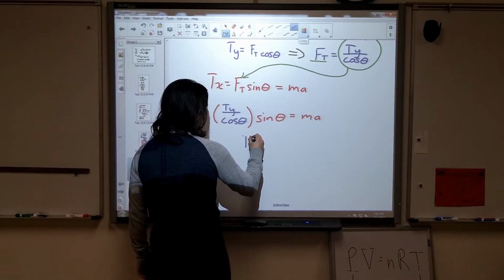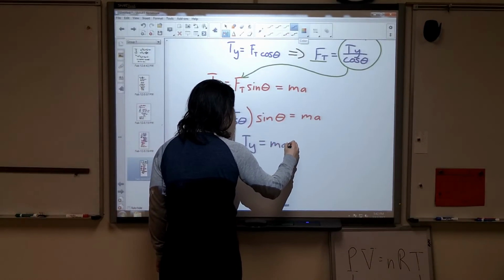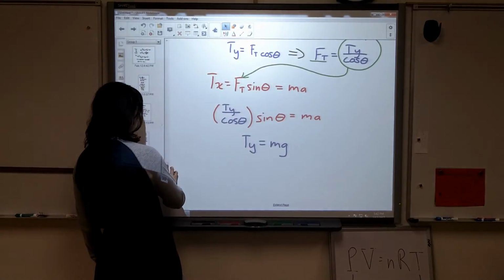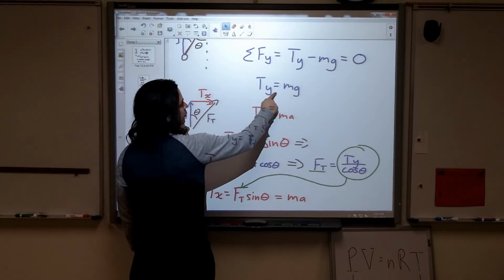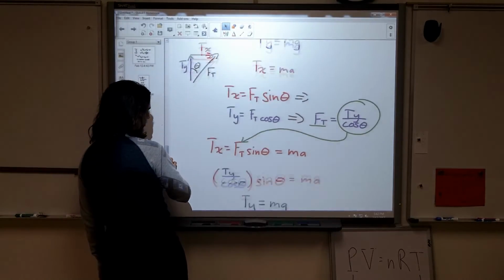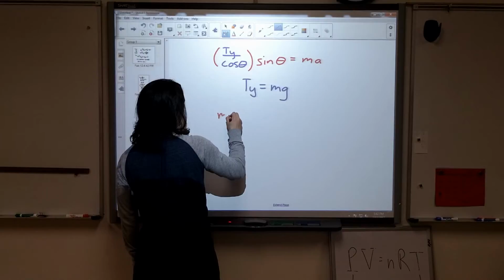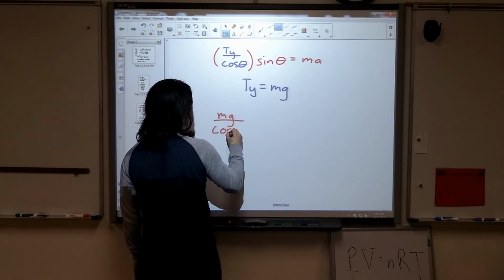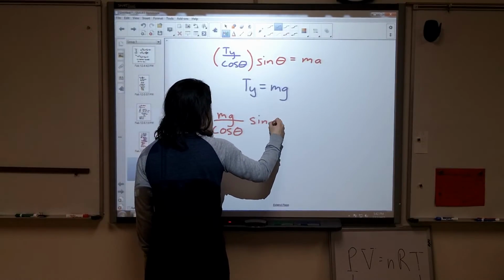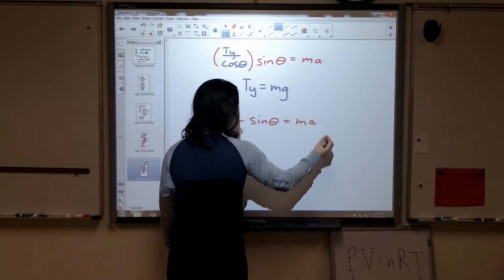The other thing we need, Ty was equal to mg. Sum of forces in the y direction. So I now get the final equation here. Ty gets replaced by mg divided by cosine theta times sine theta equals ma.